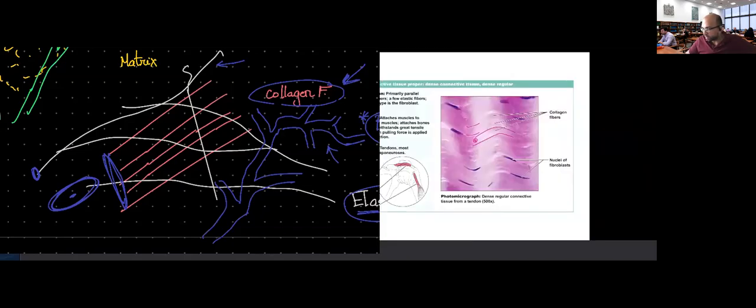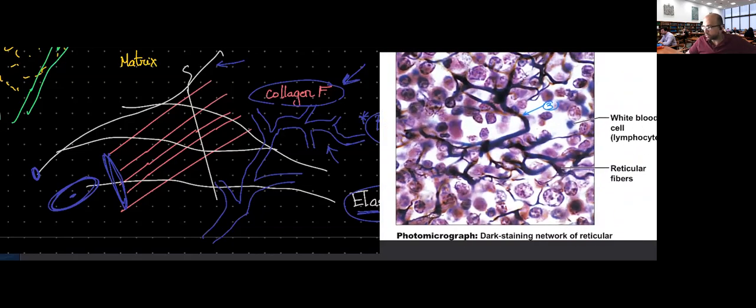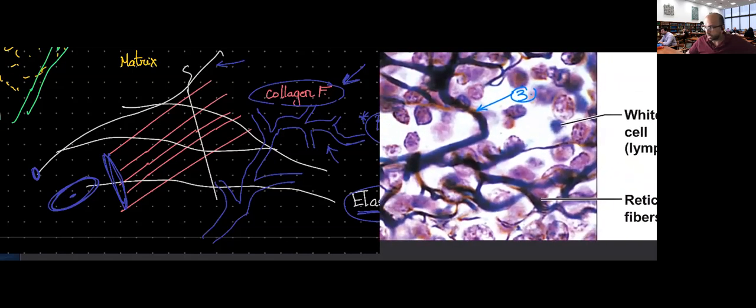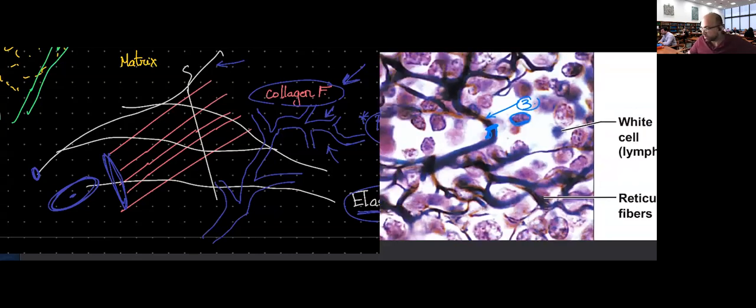Remember how the reticular fibers looked like? They have a thick diameter compared to the cell. So I do have a thick diameter. I'm not a thin fiber like the elastic. See on here?